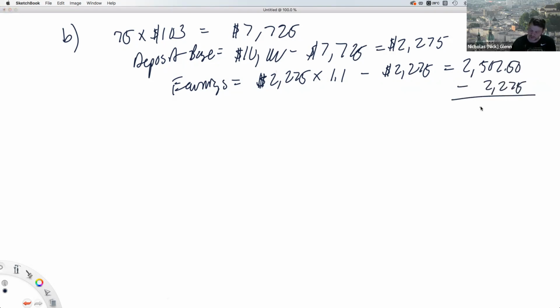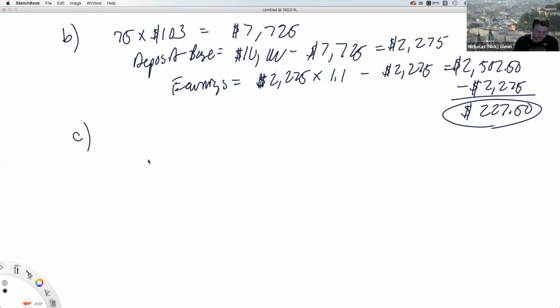This gives you your earnings of $227.50. Okay. So that's the answer to B here. That's what the bank actually earned. Now, they don't keep any of these earnings. They're going to pay them out, but that's what they earned by taking advantage of this investment.